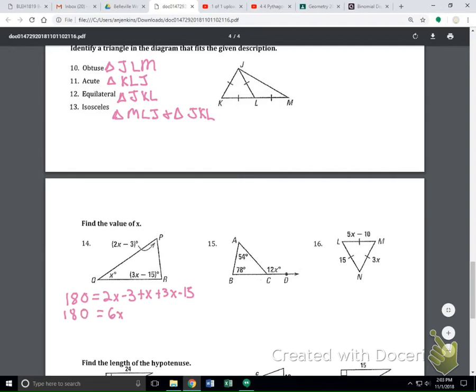And then we have negative 3 minus 15, negative 18. We're going to add the 18 to the other side. We get 198 equals 6x. We'll divide by 6. X equals what value?